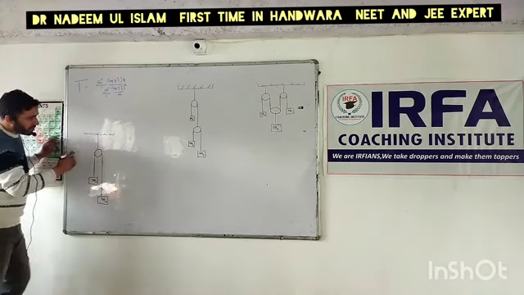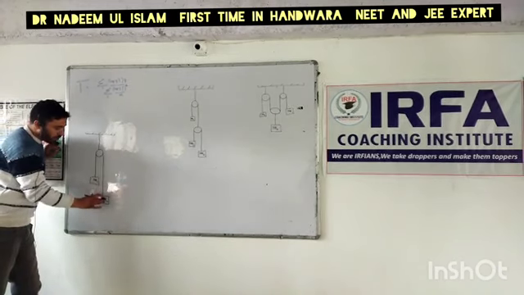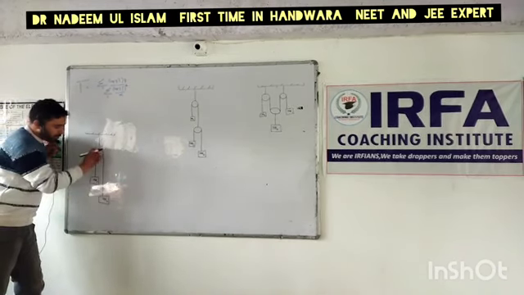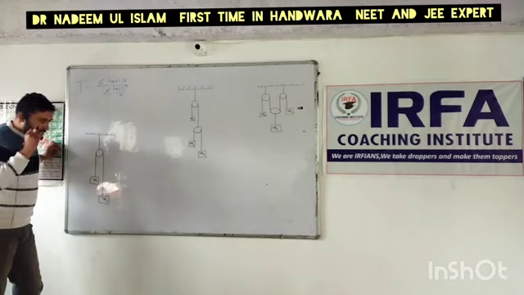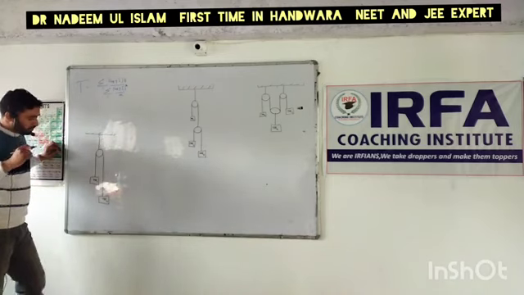Okay, let's consider here an Atwood's machine. The two blocks of masses M1 and M2 are running over a pulley through a massless string, and the tension will remain the same throughout.